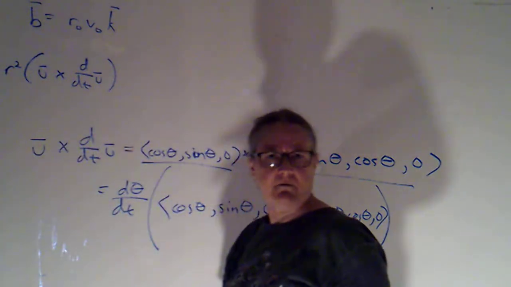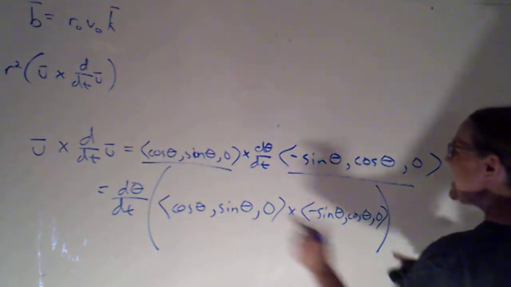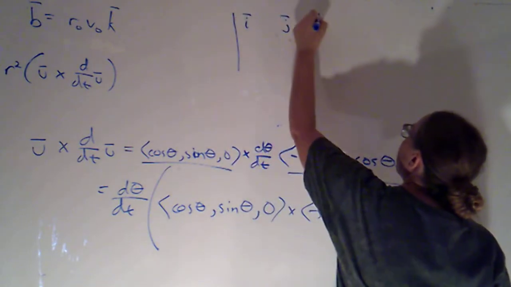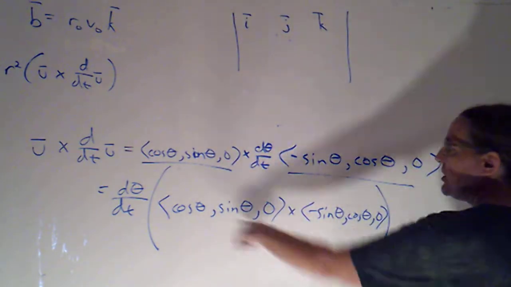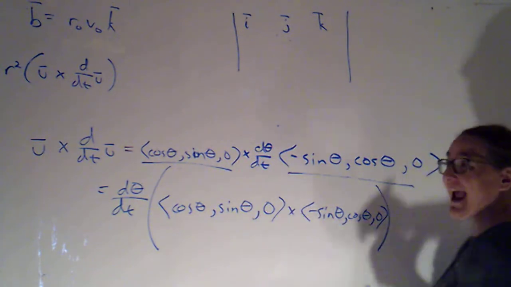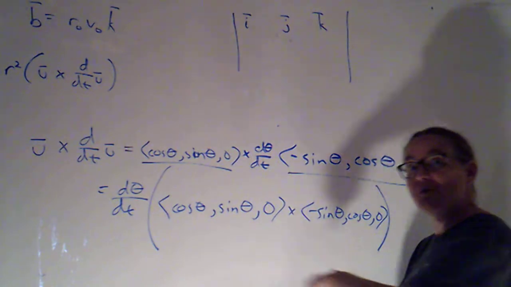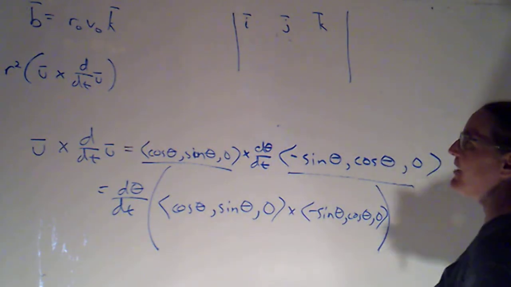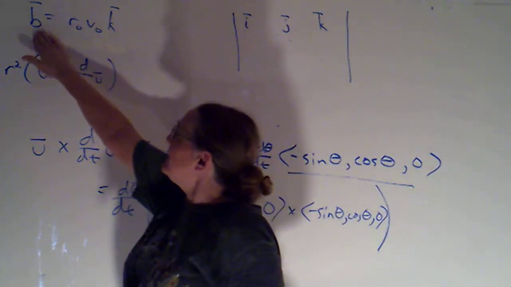There's a lot of bookkeeping involved in this. Okay, so if I want to just work out this cross product, that's going to be the symbolic determinant. We'll have i, j, k. Notice it is really important that we're actually working in 3 space so that I can work with the cross product. So even though my position vector is going to be on the xy plane, b is a multiple of k.